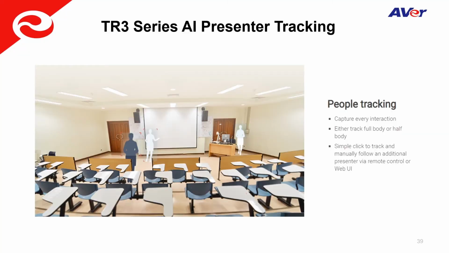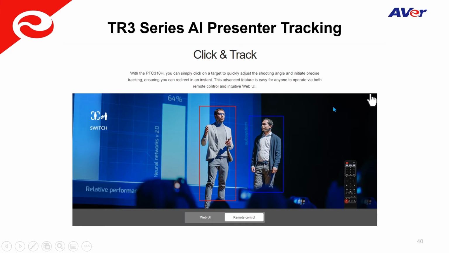So the TR310 offers two tracking modes, presenter and zone. But within presenter, there's a feature called click to track. And you can use this either via the web UI or the remote control.